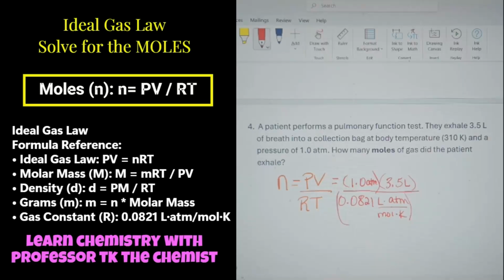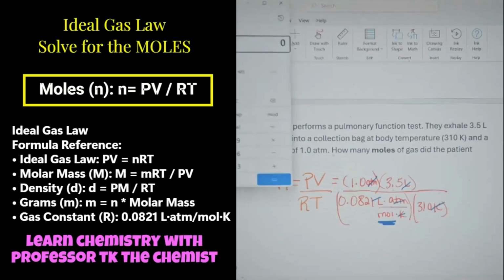And then your temperature, 310 Kelvin. All right. Now, like we always do, get rid of the units that you do not need anymore. And now you see where you're left with moles, right? That's the last unit.